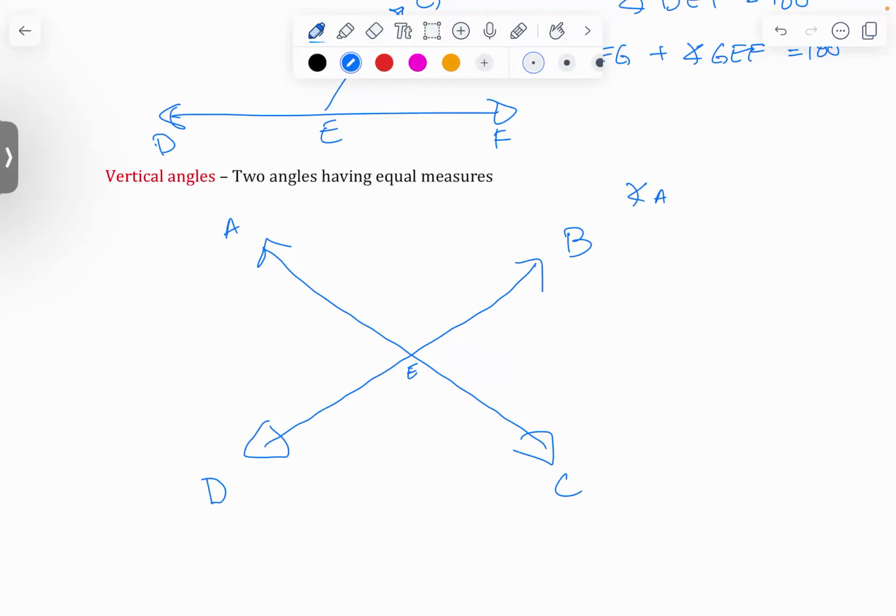So angle AEB is equal to angle DEC. Similarly, angle AED is equal to angle BEC. We write this in notation with a single slash.